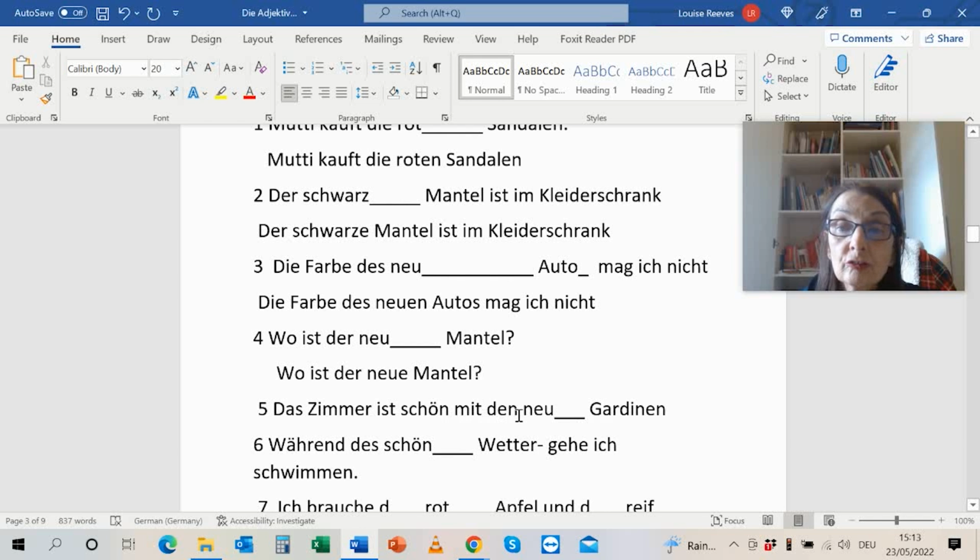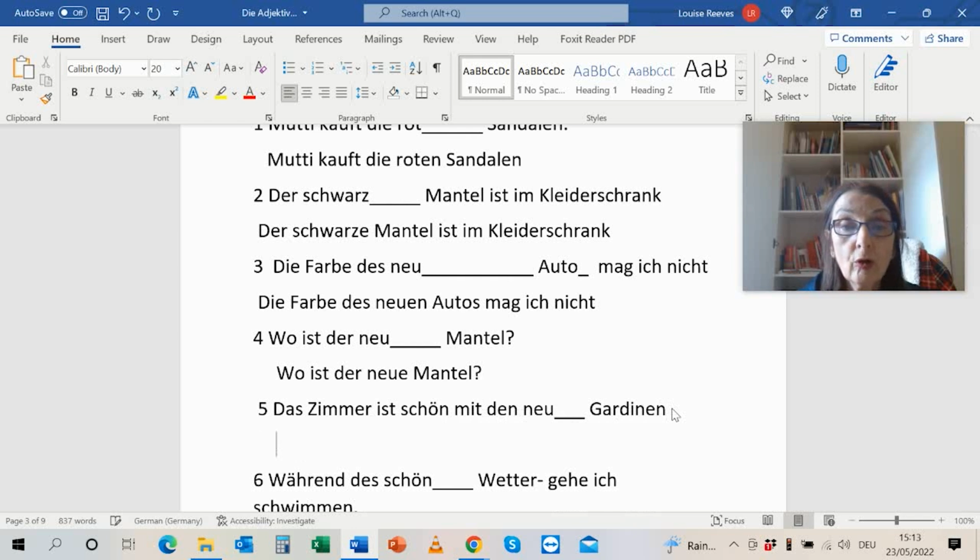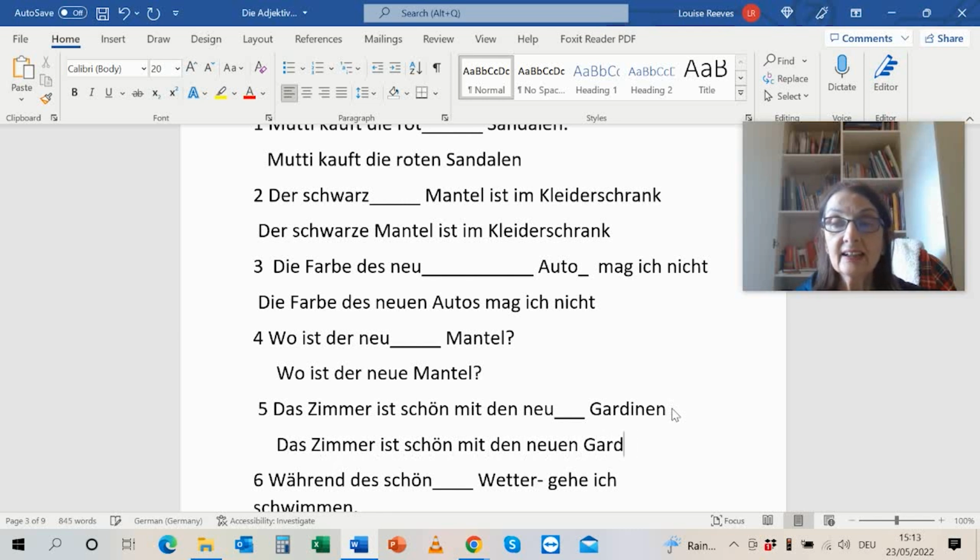We've got dative plural. So we know that the adjectives in the dative plural always end in en. So: das Zimmer ist schön mit den neuen Gardinen. That means the room is nice with the new curtains. Mit den neuen Gardinen. What have we got here?